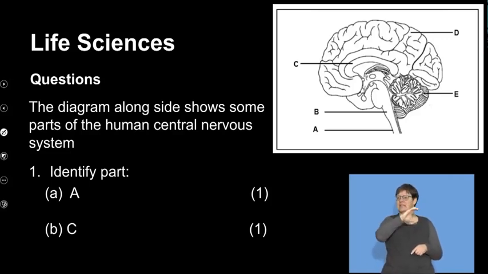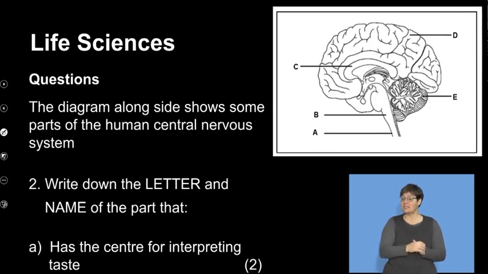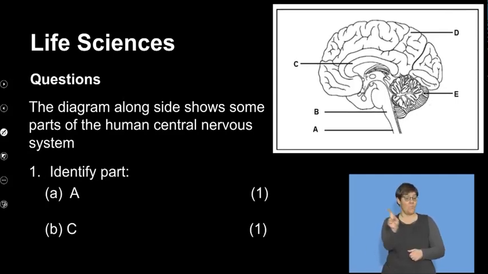The first question says you have to identify A and C. If you got it right, your answer for A is the spinal cord. The answer for C is the corpus callosum.